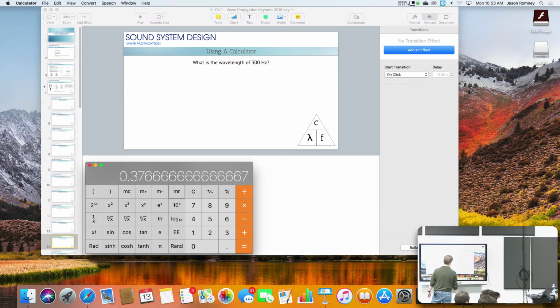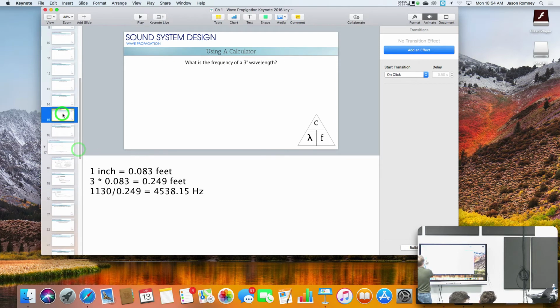Okay, so this one is wavelength of 300 hertz, 1,130 feet per second divided by 300, 3.77 feet. Okay, so that panel would have a fighting chance of absorbing 300 hertz. Could probably do it. Maybe not very well, but it could do it.